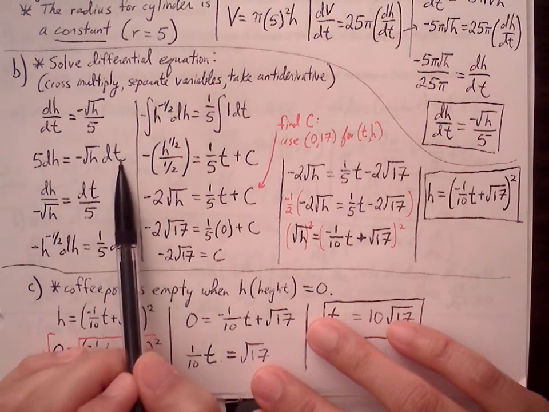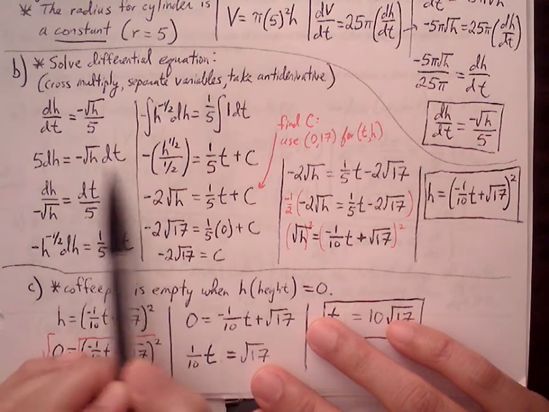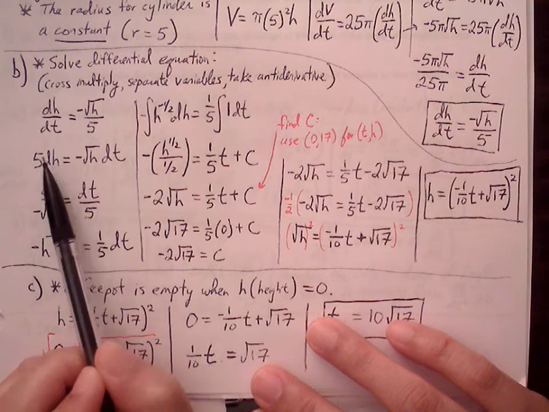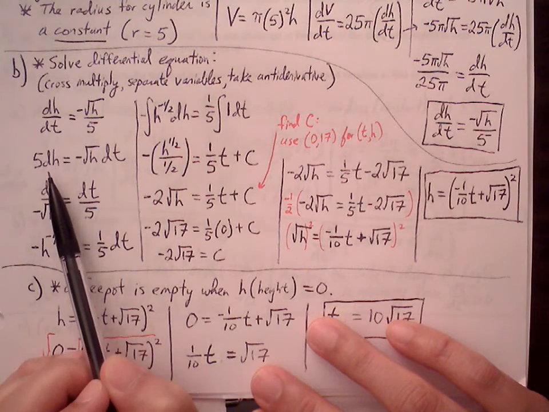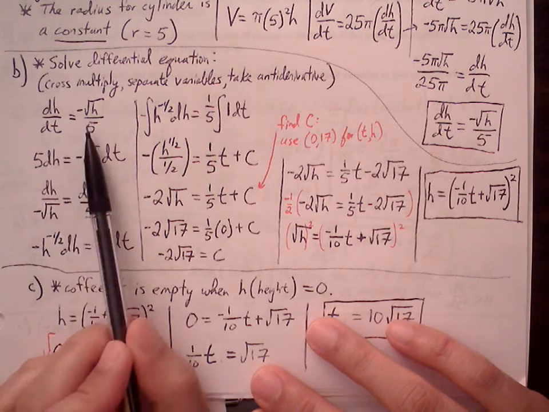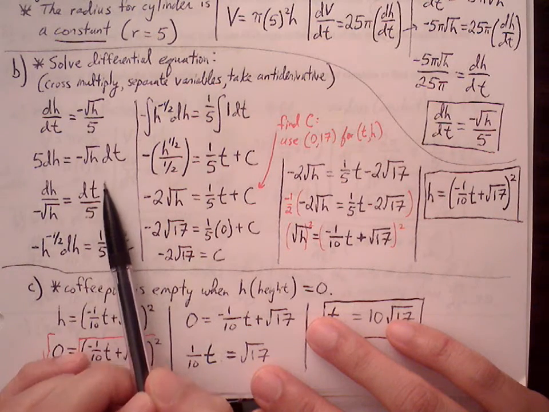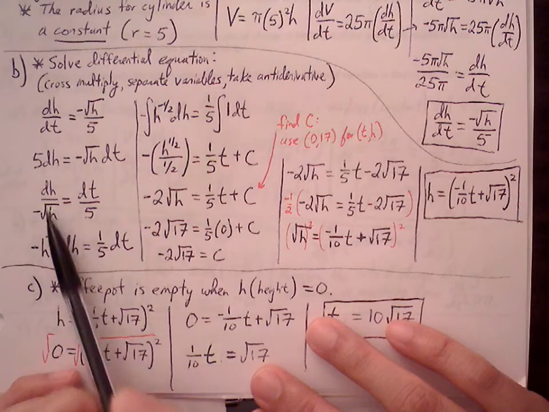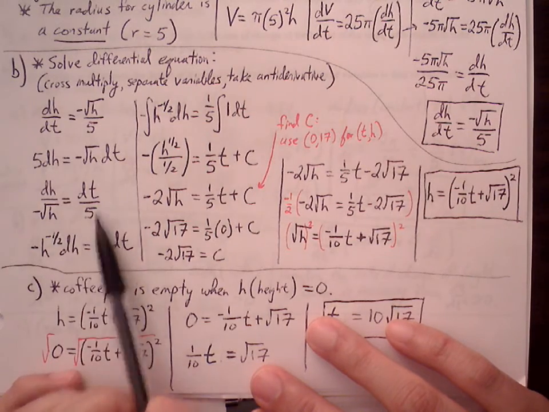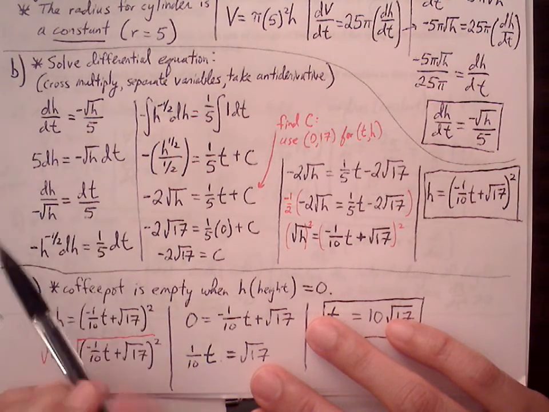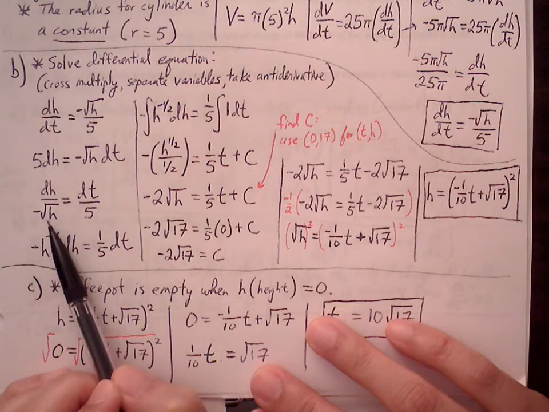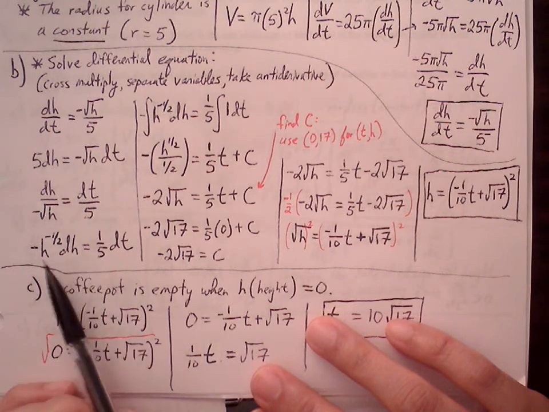Anytime we see variables other than x and y, it will always be time and something else. Here t is our independent variable, and h is what we're trying to get on the left side. I move the negative root h to the left and the 5 to the right, and now we have a clean separation of variables: h on the left and everything else on the right.